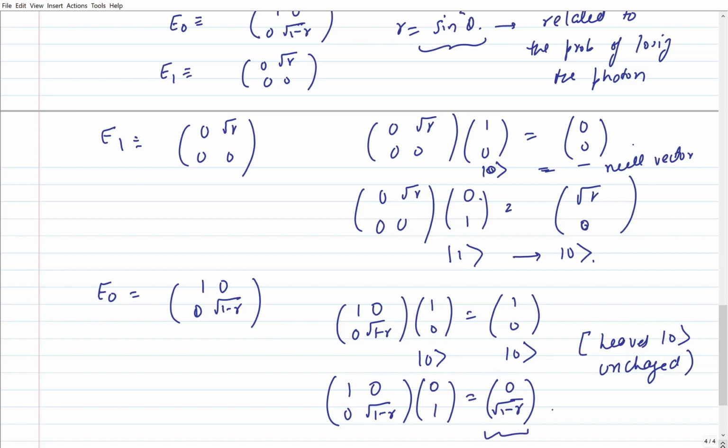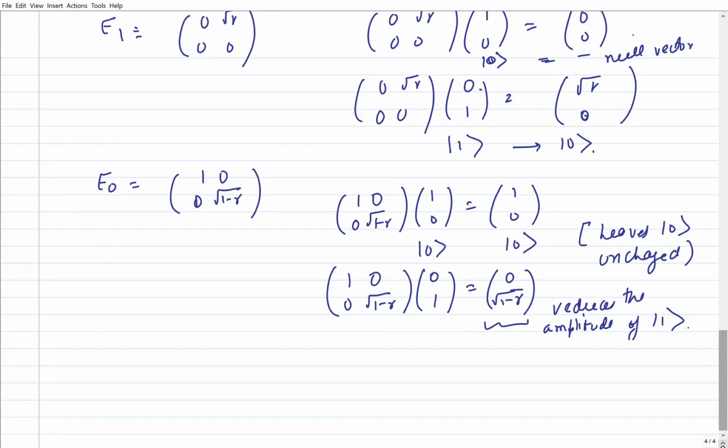It essentially reduces the amplitude of 1. Well, this happens because, of course, the quantum energy was lost to the environment.